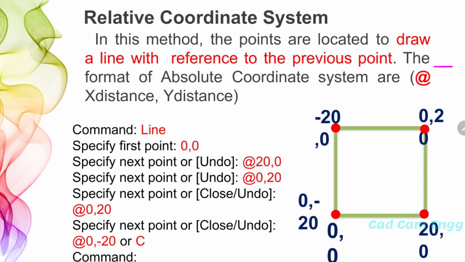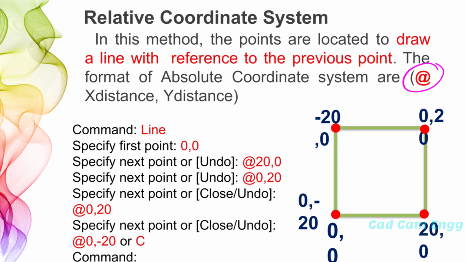We know now we are going to use the relative coordinate system, but how does the computer understand that? That is not possible, no? So we want to inform the computer using this symbol that I am using the relative method. That's why we are using the at symbol here. Other things are the same as usual.